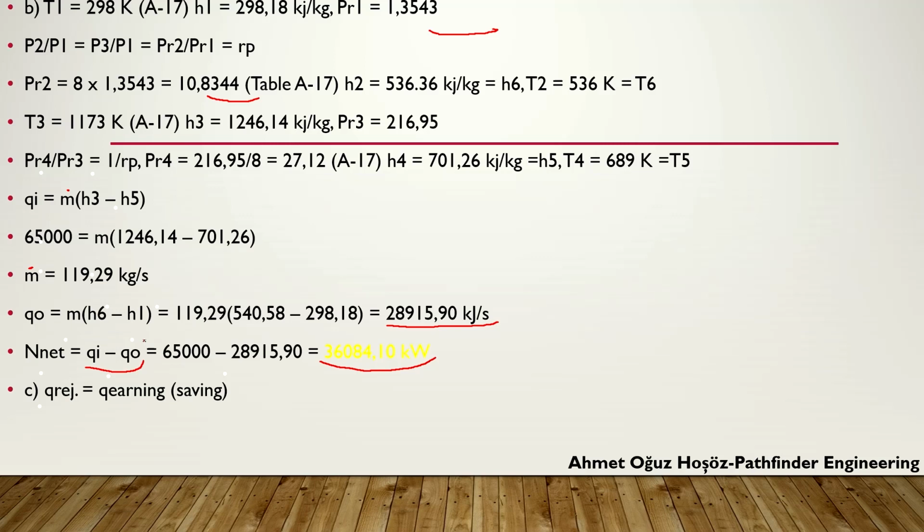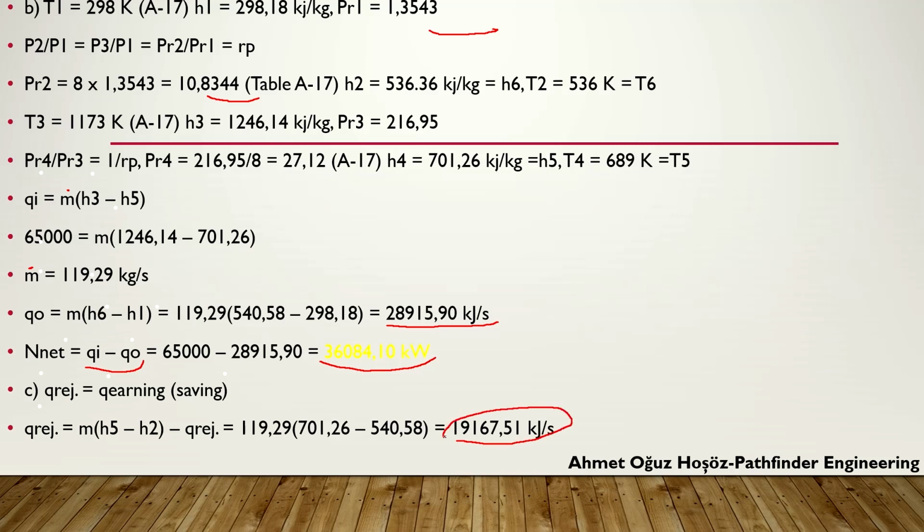So let's calculate the regeneration heat and the saving energy. Then we will calculate the saved money. Qregeneration is equal to m times (h5 minus h2), and it is equal to 19,167.51 kilojoule per second.